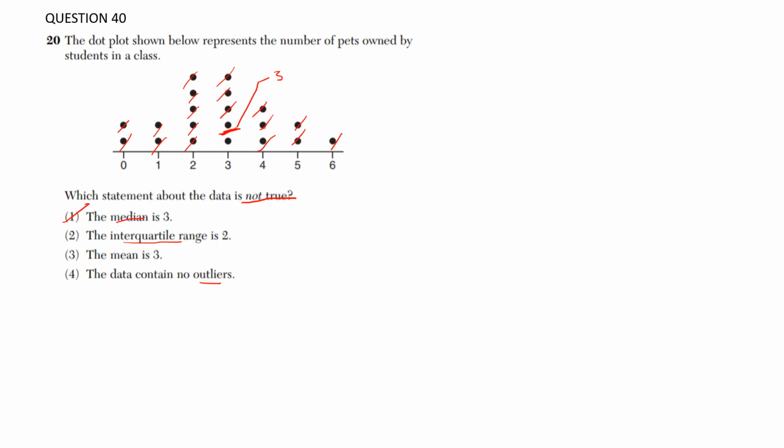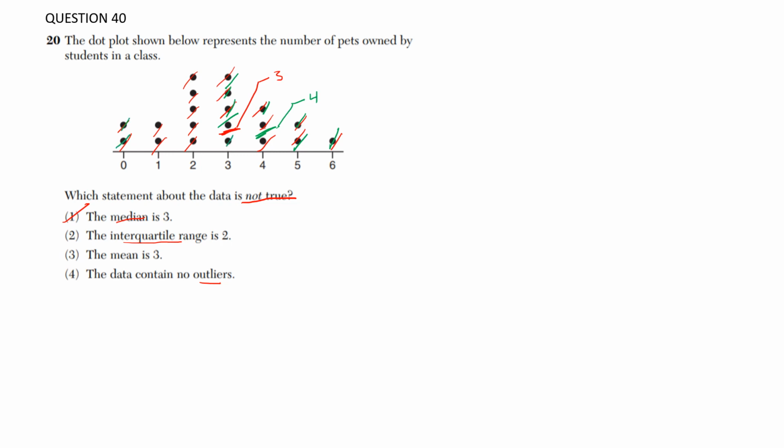Now let's go for the interquartile range. I'll find the third quartile first. And we know that the third quartile is in between these two values, which is just a 4. We do the same thing here.